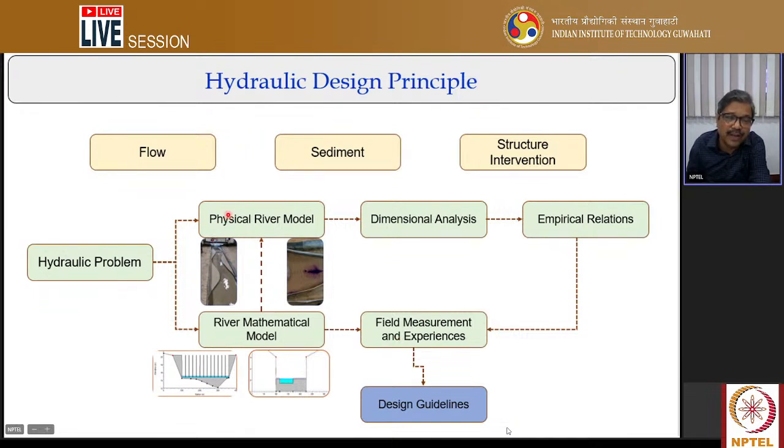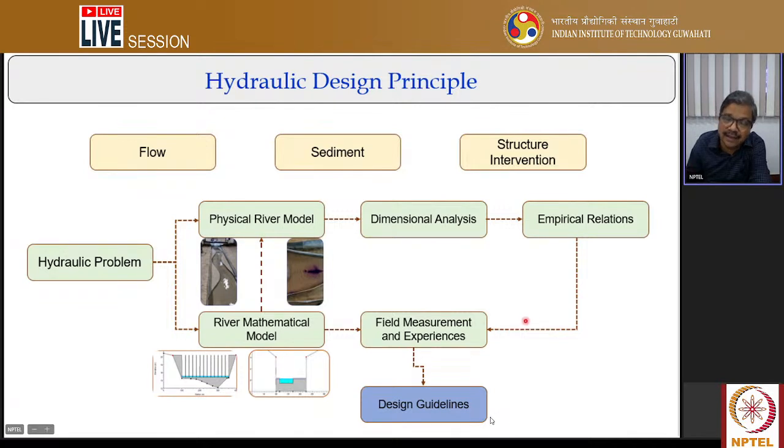How do we do it? We take physical river models, like you can see in these figures. You can have river mathematical models also, giving approximate solutions for us. Do a dimensional analysis and develop a series of empirical relationships with scour depth, stream power, velocity, depth, and the structure information in terms of bridge pier dimensions.